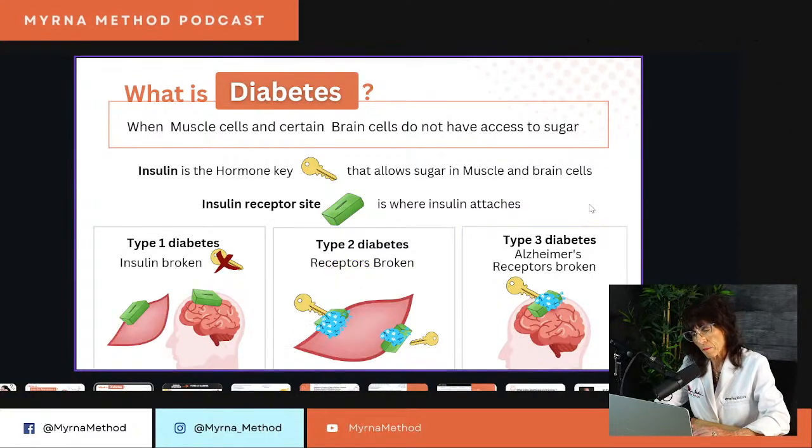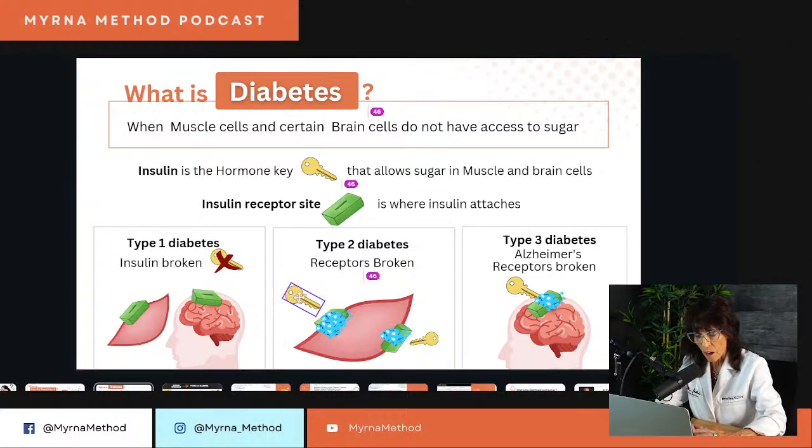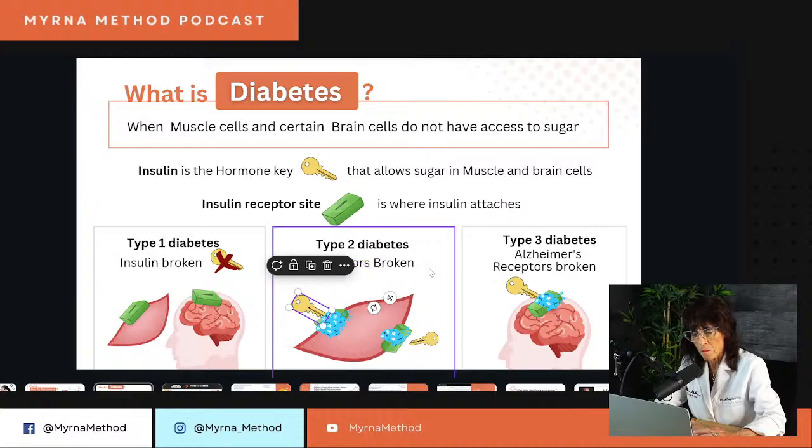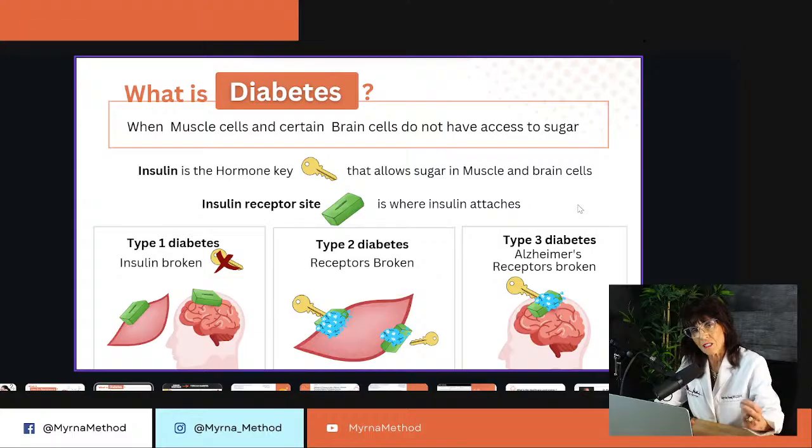Type 2 and type 3 diabetes, which we'll talk about, type 3 also being known as Alzheimer's, is when the actual receptor sites are not working. So insulin's working fine. It attaches to the receptor site, but the message doesn't happen. The message to the muscle and to the brain cells to allow the sugar inside doesn't take place because the receptor site isn't functioning.